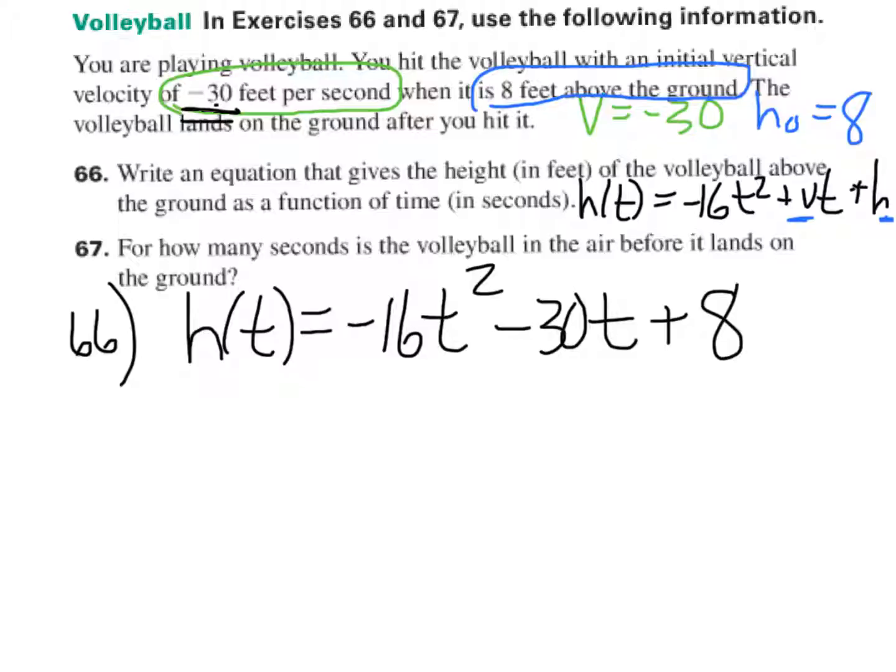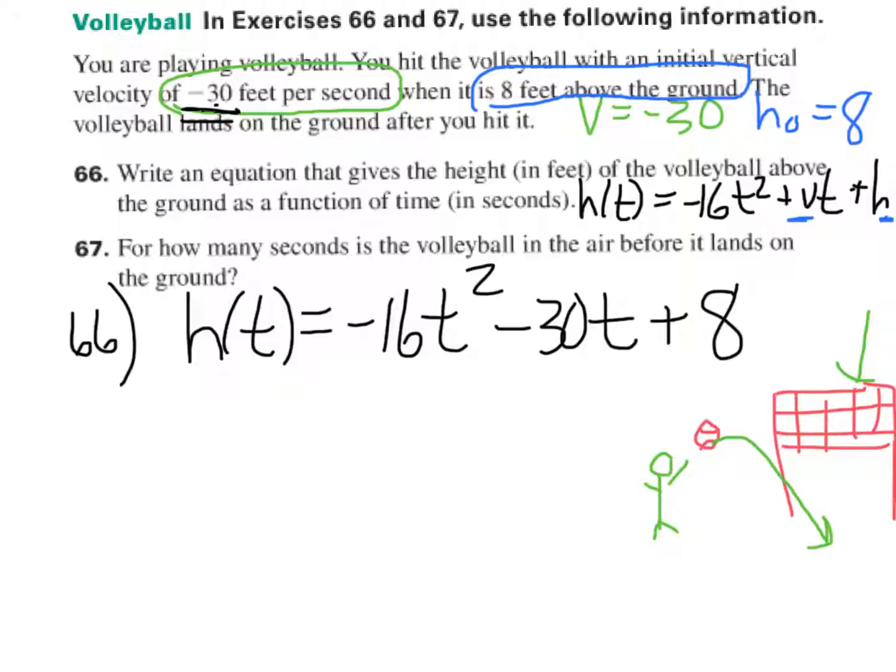Now for number 67, they ask us to find how many seconds the volleyball is in the air before it lands on the ground. Let's imagine this scenario real quick. Here we have the volleyball net and here's the volleyball. A person comes in and hits the ball so it travels downward. It goes down like that, and it looks like half of a parabola.